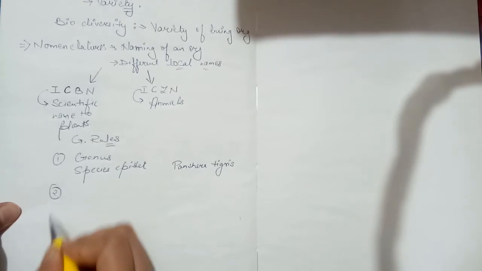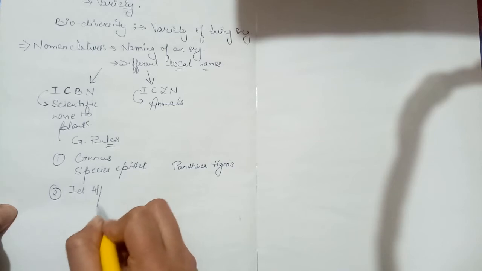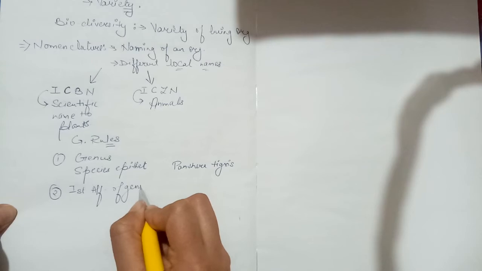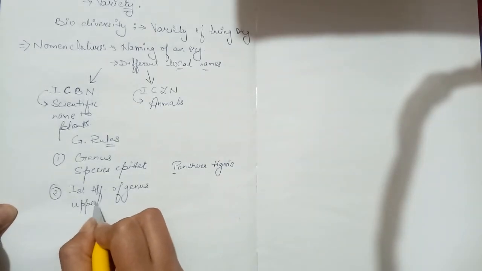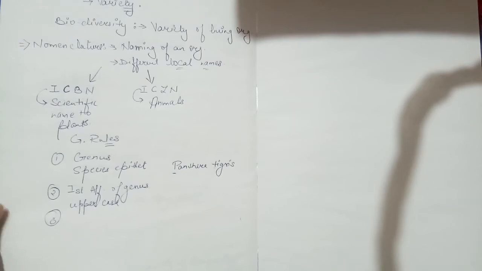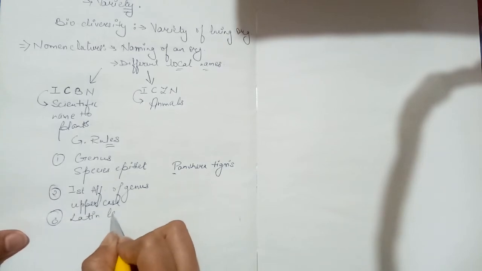The second rule is that the first letter of the genus should be in uppercase, while the species will be in lower case. The words are always picked from the Latin language.